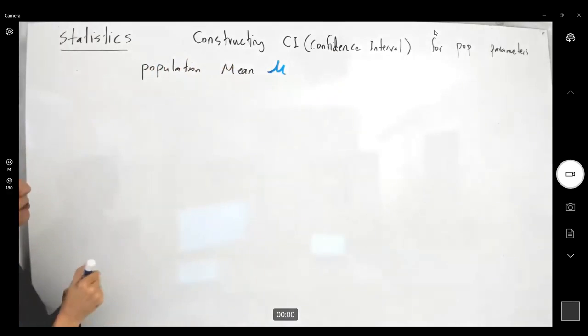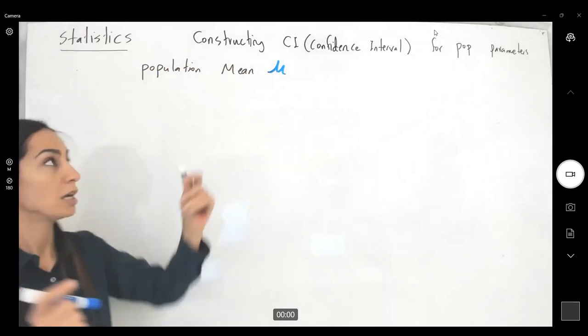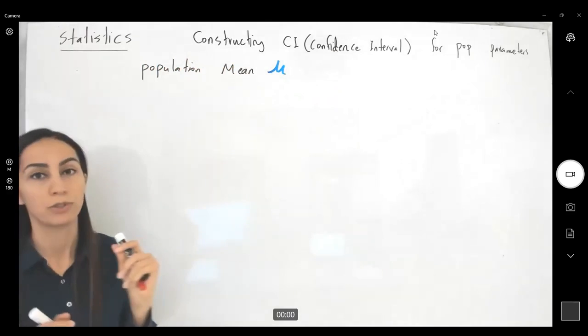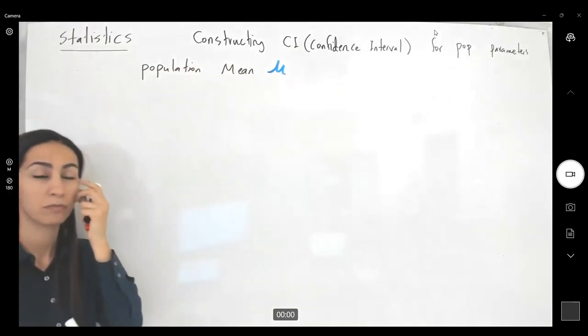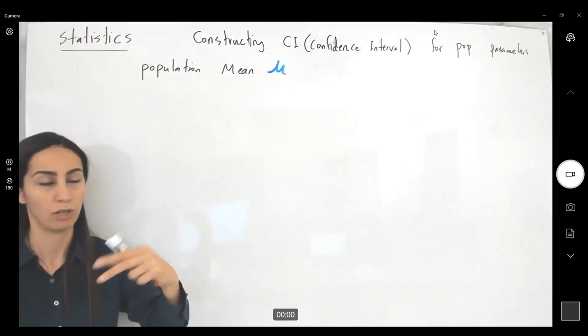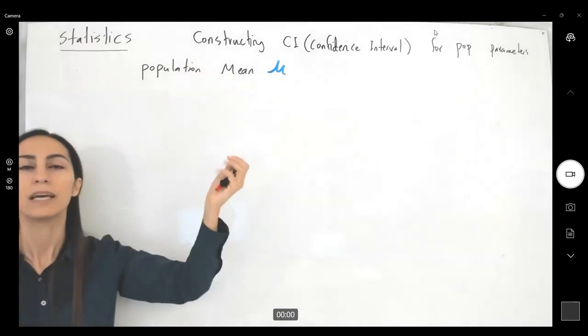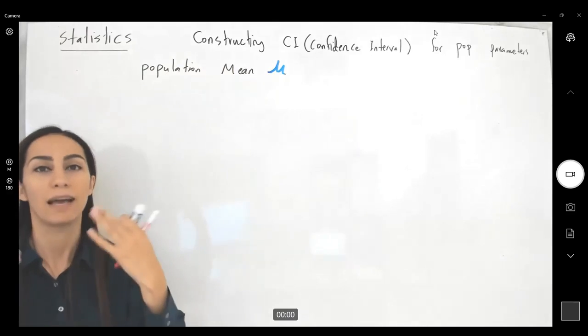Okay, very good. So what is the very first step in constructing a population mean confidence interval? The very first step is to find the best point estimate.